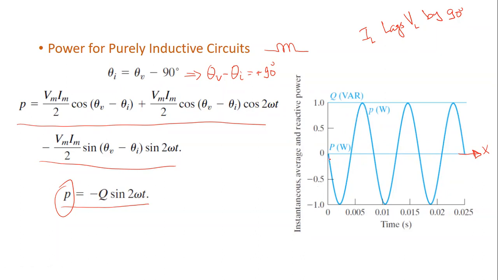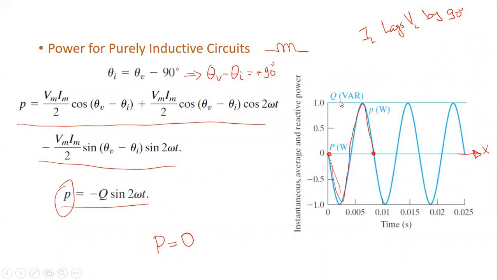So if you take the average over one period, it will be equal to 0. So P, the average power, is equal to 0, since cosine 90 is 0. There is no average power in the inductor. There is instantaneous power, given as a double frequency sinusoid, but its average is equal to 0 because it is symmetrical to the x-axis.